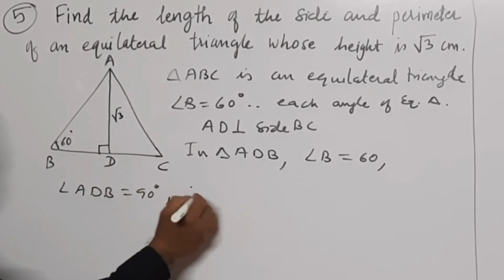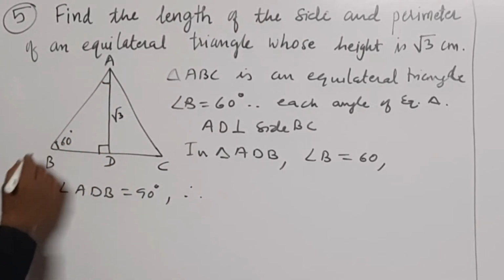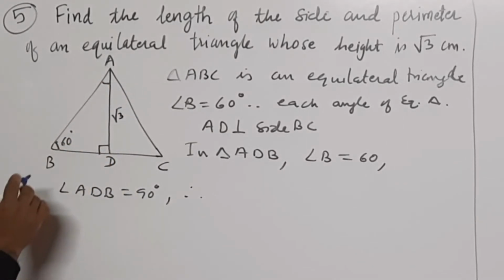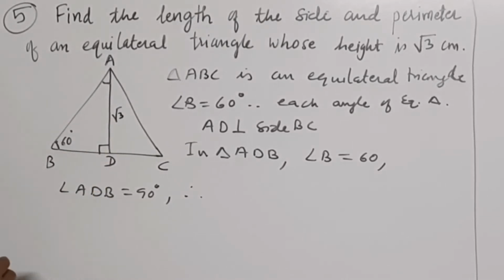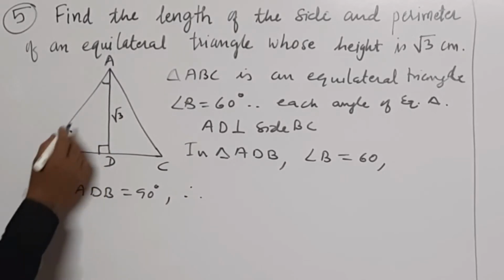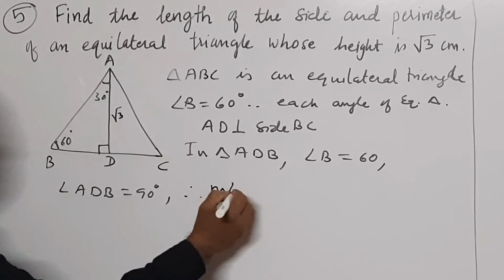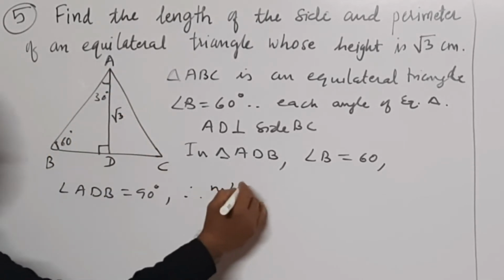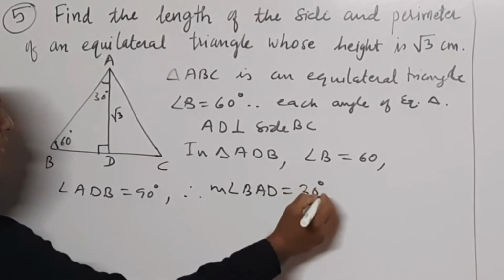Therefore, 90 plus 60 is 150. The sum of the measures of the angles of a triangle is 180 degrees. 180 minus 150 is 30 degrees. So measure of angle BAD is equal to 30 degrees.